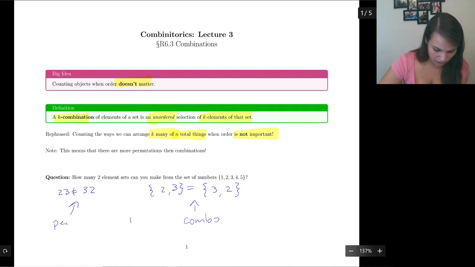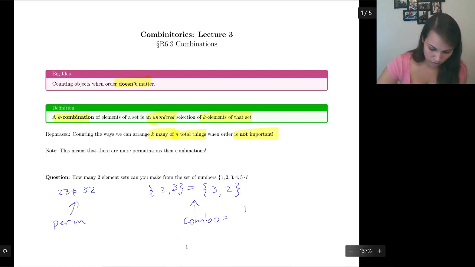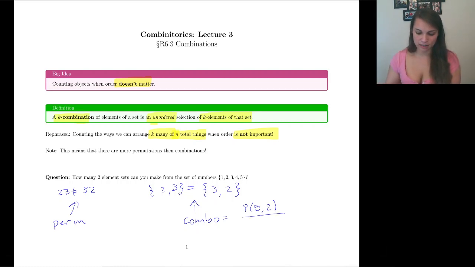This guy is a permutation because order does matter, and I'm going to use the permutation guide to figure out how many combinations I have. So I know how many permutations I have. That was like the P(5,2). And then I can see from this that we are double counting everything.